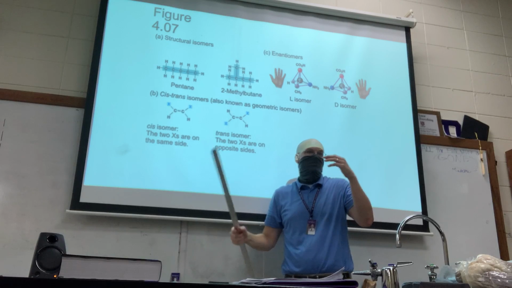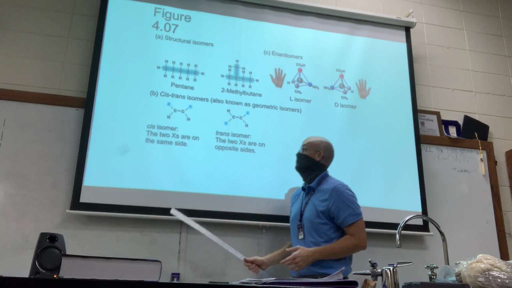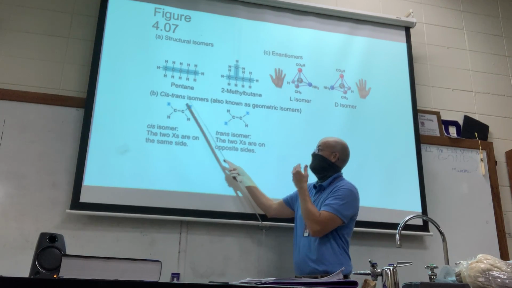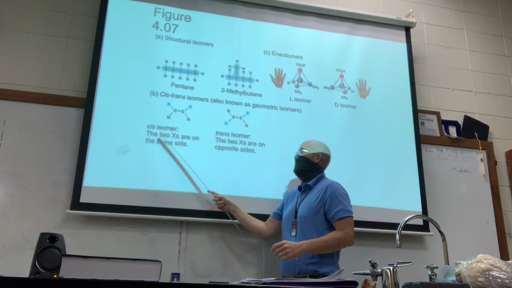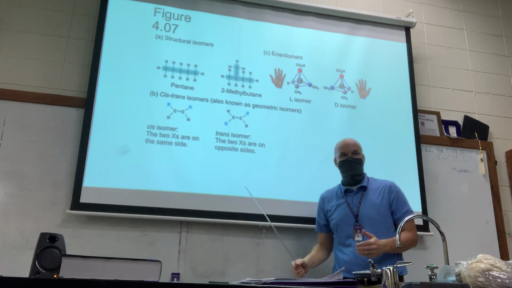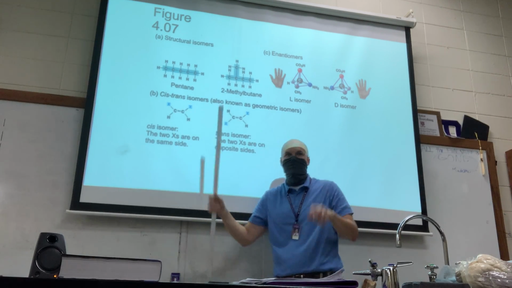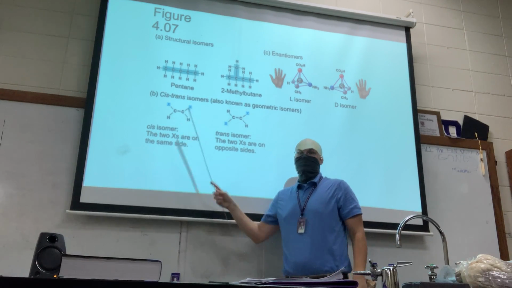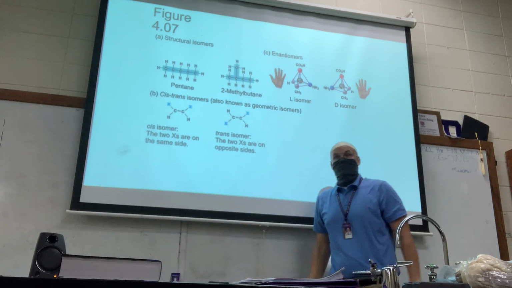That's how you could think of cis, meaning the same. So the two atoms of whatever element, and the example I'm giving you is chlorine, if they were both on the same side, we would call this a cis isomer. It's a way to draw it where they're both on the top of the molecule. So can you see, from this perspective, when the same element is on the same side? Sure, yes, yeah.